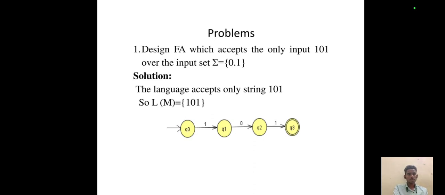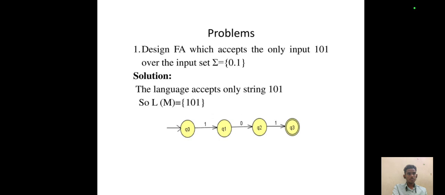Here we see the problems in finite automata. Design a finite automata which accepts only the input 101 over the input set sigma equals {0, 1}. The solution: the language accepts only the string 101, so L(M) equals 101. In this, the initial state is q0 and the final state is q3. The first input symbol is 1, and if we insert 1, it changes the state from q0 to q1.